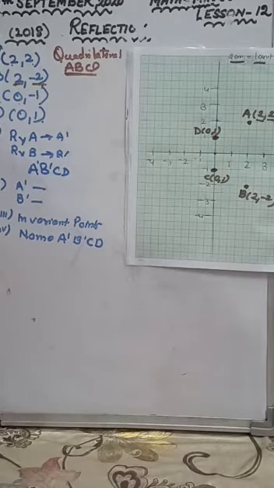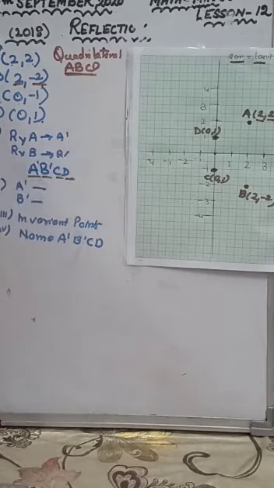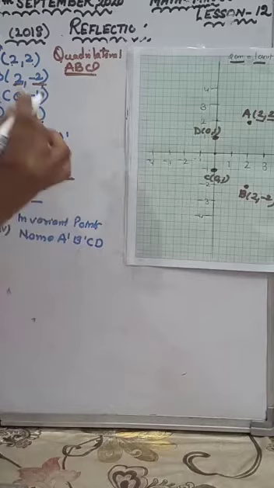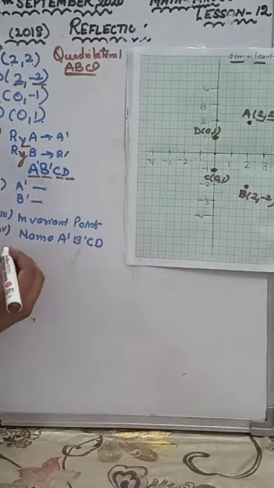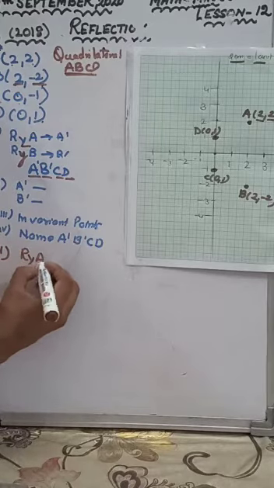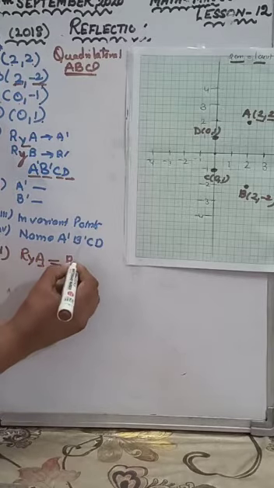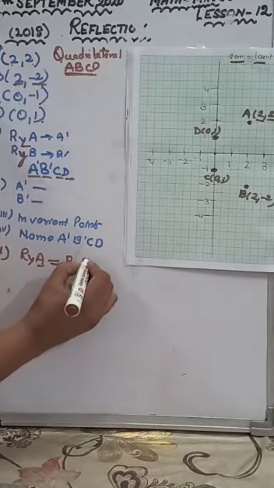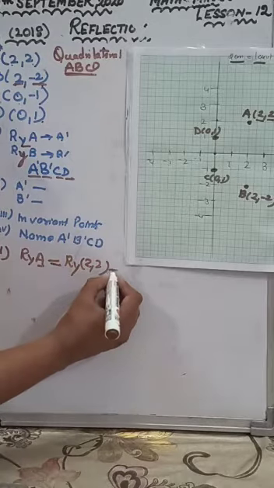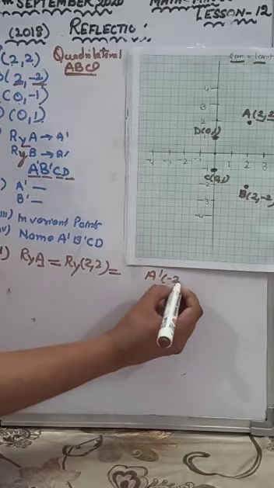The first point in question number 20 is to reflect quadrilateral ABCD as A dash, B dash, C, D. So the reflection will be on the y-axis for both coordinates A and B. Reflection of point A (2, 2) on the y-axis: whenever the reflection is on the y-axis, the abscissa sign changes, so it will be (-2, 2).